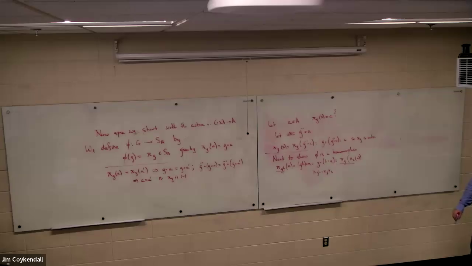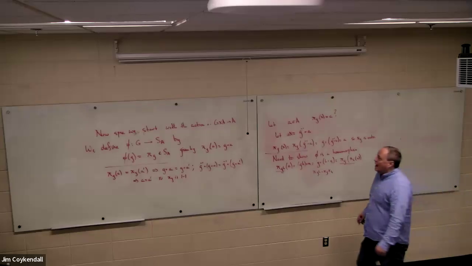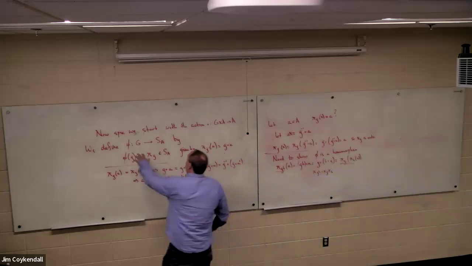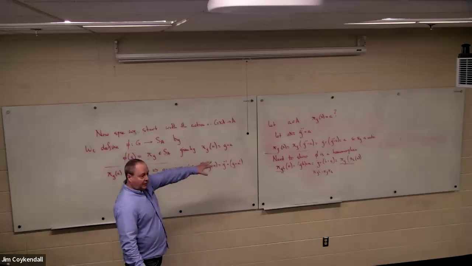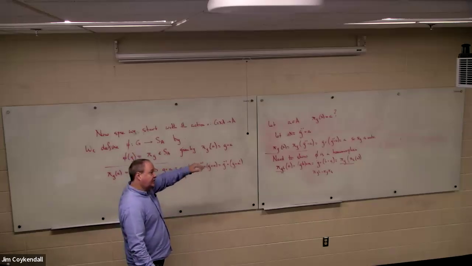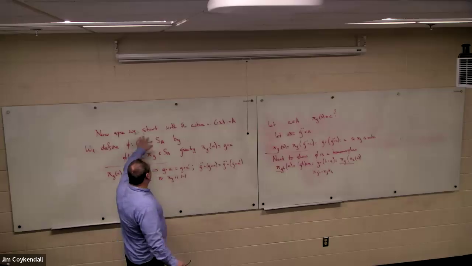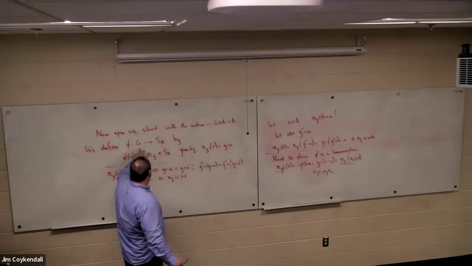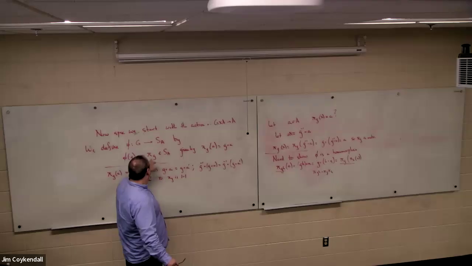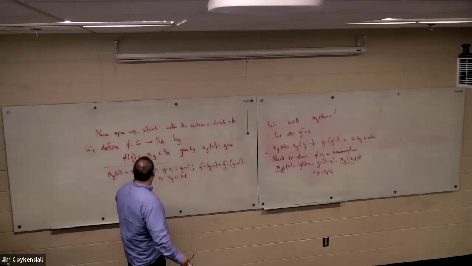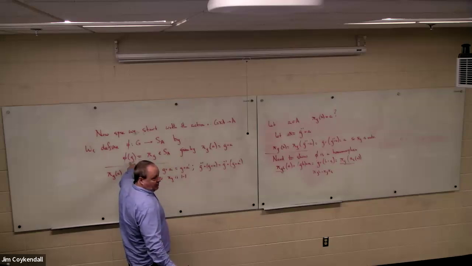Yes. Why do we need to show that phi is a homomorphism when we've been treating it like one? Oh, no, we defined this function here. In the first part that we did before, we started with a homomorphism and showed we got an action. Now we're starting with an action and we define this function. And what we've shown is the output is indeed a permutation, so at least it's going where I say it is over here in S_A. But now I'm going to show this is actually a homomorphism.